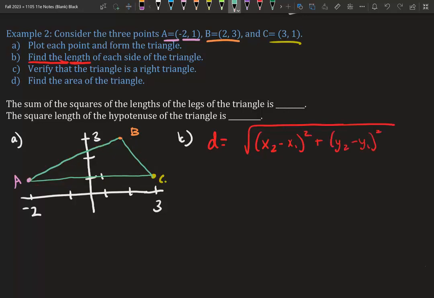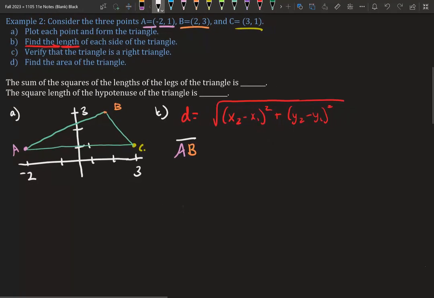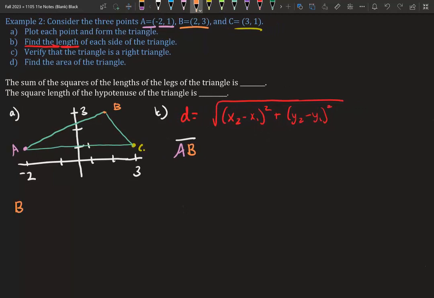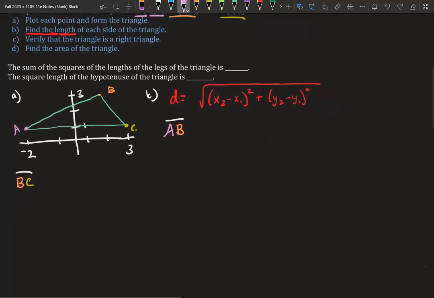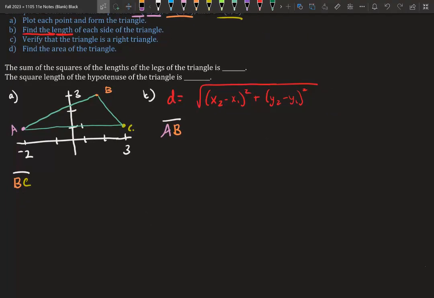Alright, so again, let's just make it known what we need. So we need to find segment A to B. We need to find segment B to C. And we need to find segment A to C. C to A, you could also say C to A. It does not matter.